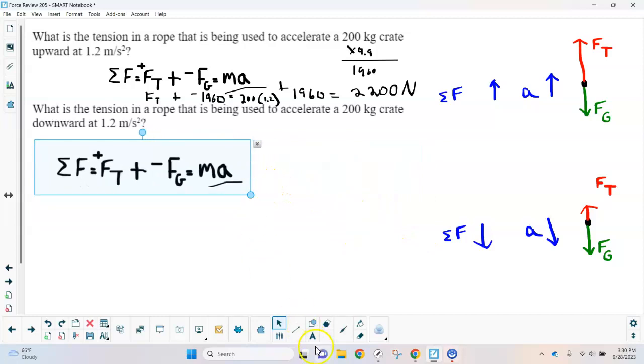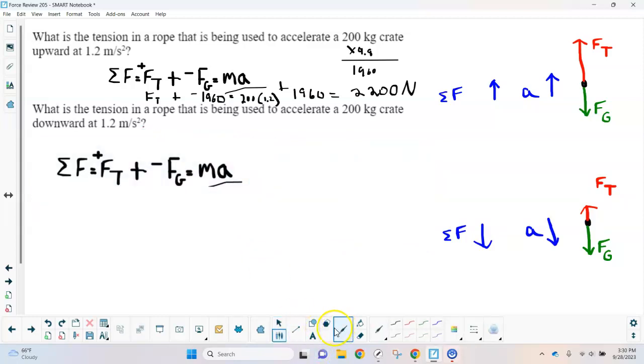But the difference is when you put in the numbers, it doesn't work out exactly the same. So the tension is still Ft. Gravity is still a negative 1960. Mass is still 200. The only thing that changed is that acceleration is now negative, so it would be negative 1.2.